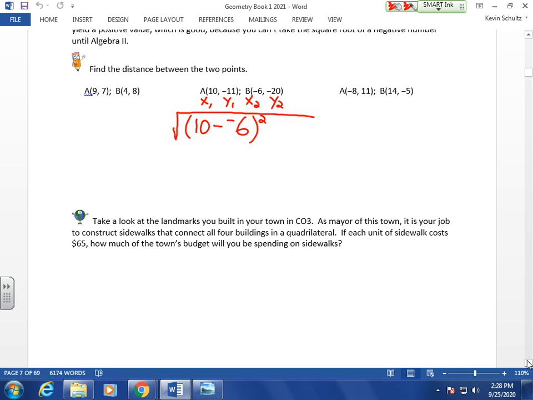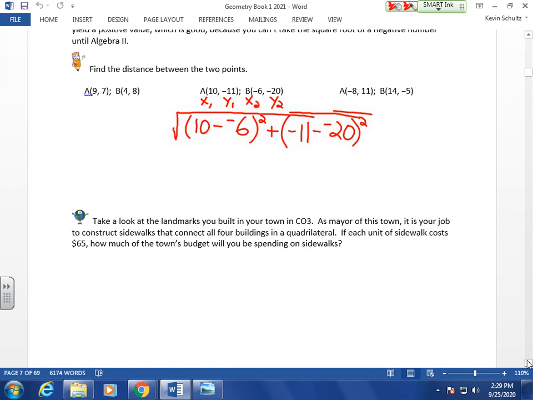So again, correlating beautifully with what we did in PO3, when would I ever subtract a negative number? Well, here's a situation. When you have a formula with a subtraction sign, and you're plugging in a negative value, this will end up being 10 plus 6. And then y2 minus y1, we've got negative 11 minus negative 20. Another minus negative here.